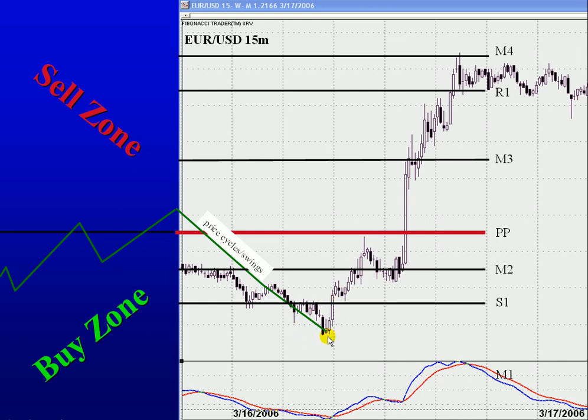And here we see price achieve a low. And we, of course, will apply a number of our tools to look for a trading opportunity. And we want to take some profit potentially before the central pivot or before other key levels that the market is approaching, because we may see a reversal at any one of these levels.